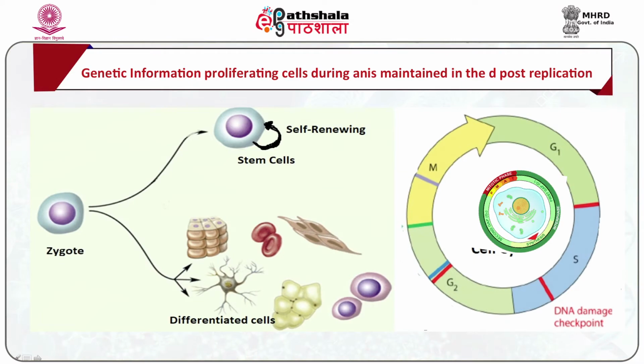In preparation for cell division, each cell undergoes duplication of DNA during synthetic phase of cell cycle to ensure that both daughter cells receive identical genetic information. Any alteration in duplication of genetic information would have potential to alter functions of daughter cells. Hence, during synthetic phase, replication of DNA is considered to be extremely crucial for maintaining genetic information.